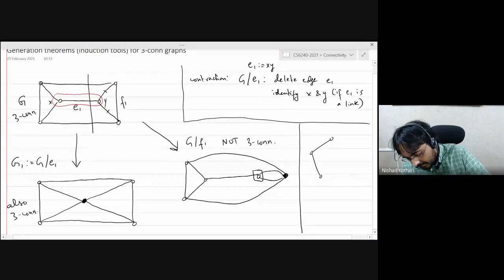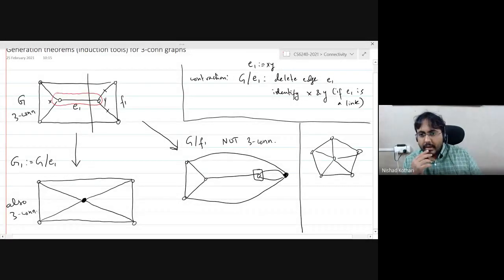So take this graph. Again, it doesn't contradict what Shivam is saying, because he's saying that if it is simple, then it will be 3 connected. So think of an example for that. What I will show you is the converse of that: it may not be simple and it may still be 3 connected. Okay, so I'm not really answering your question, but for that I'll have to think of the example a bit harder.